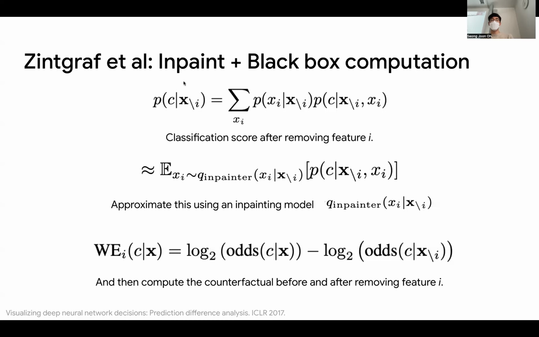Once we have this value, what we can do is compare the responses before and after removing this pixel. That's going to give us this score here at the bottom. Here we're using a log odds term, which they say is well-founded, but to be honest, I think you can use any difference here.